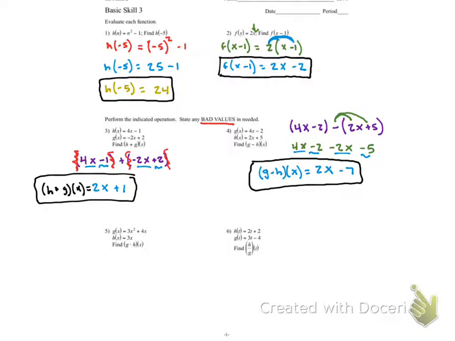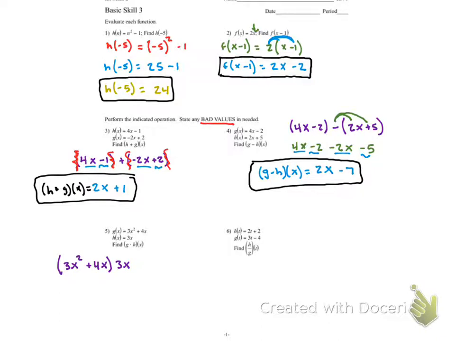Number 5 tells us to take g and multiply it by h. So here's g, 3x squared plus 4x, and we're multiplying this by h, which is 3x. We can write it this way, or we can write it the other way. Since it's multiplication, either way works.